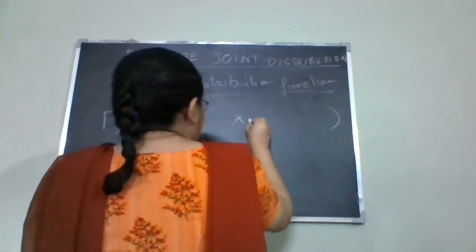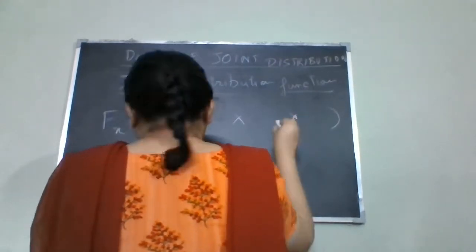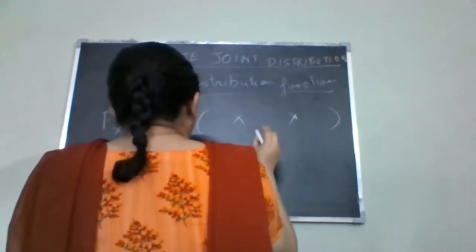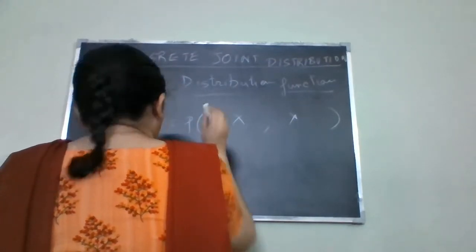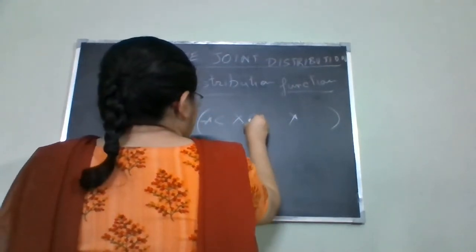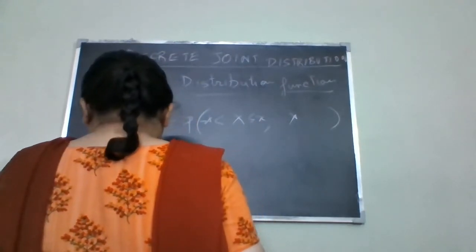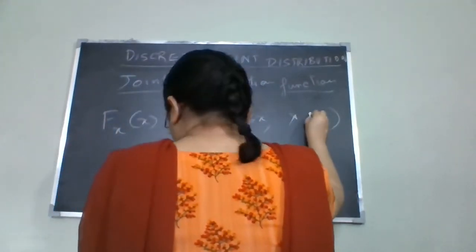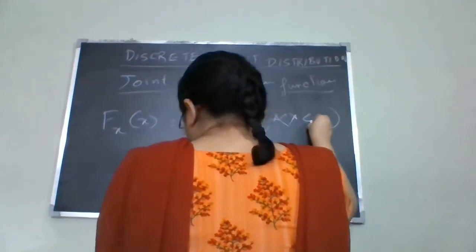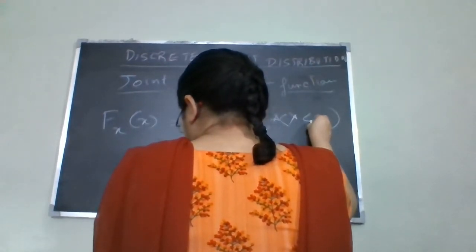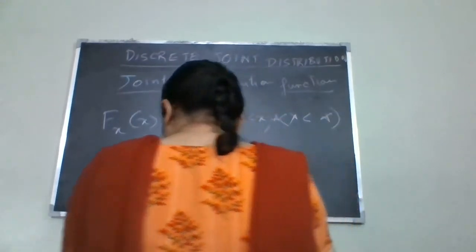Again we have capital X and capital Y, these are the two values. Only the limits we have to check, that is equal to greater than minus infinity and less than equal to small x. Okay, and Y greater than again minus infinity and less than plus infinity. Please check this thing.